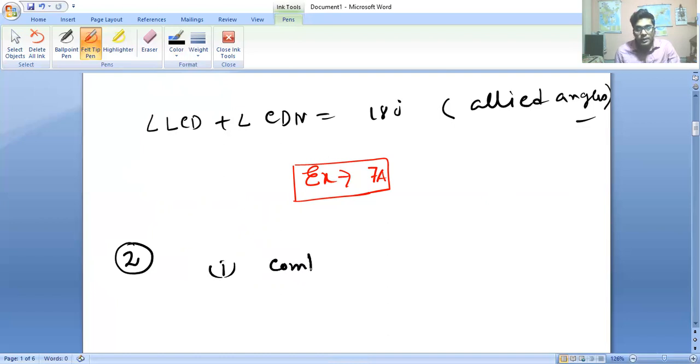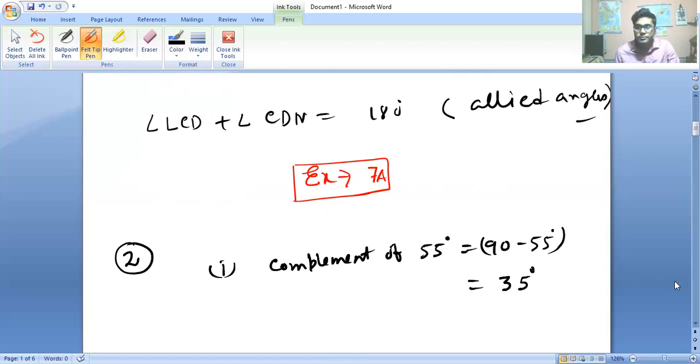So complement of 55 degrees will be equal to 90 minus 55 degrees. Okay. Complement means 90 minus 55 degrees. So we have 35 degrees.